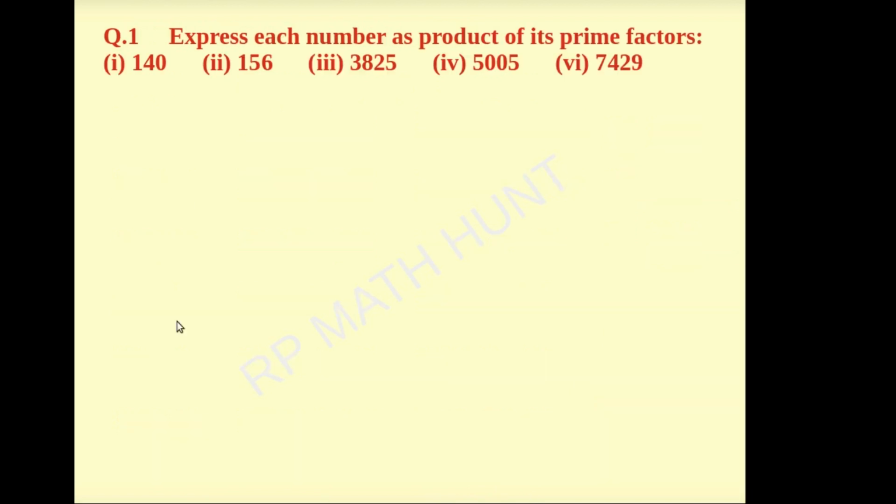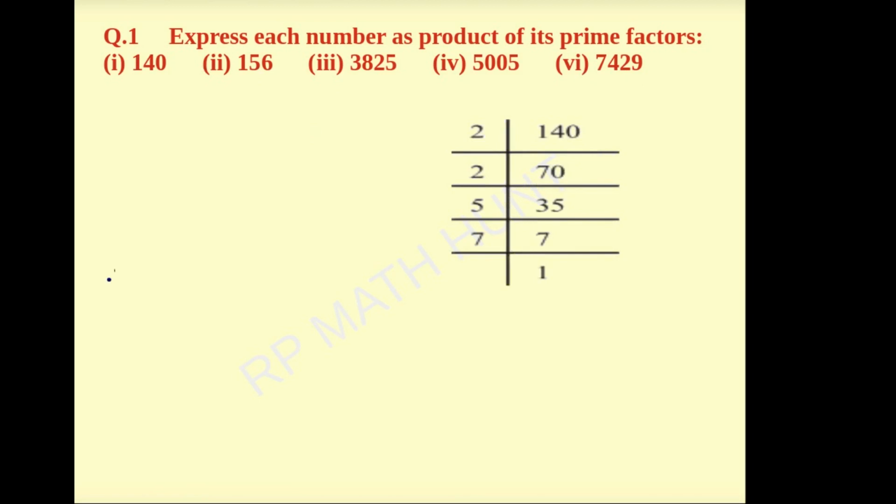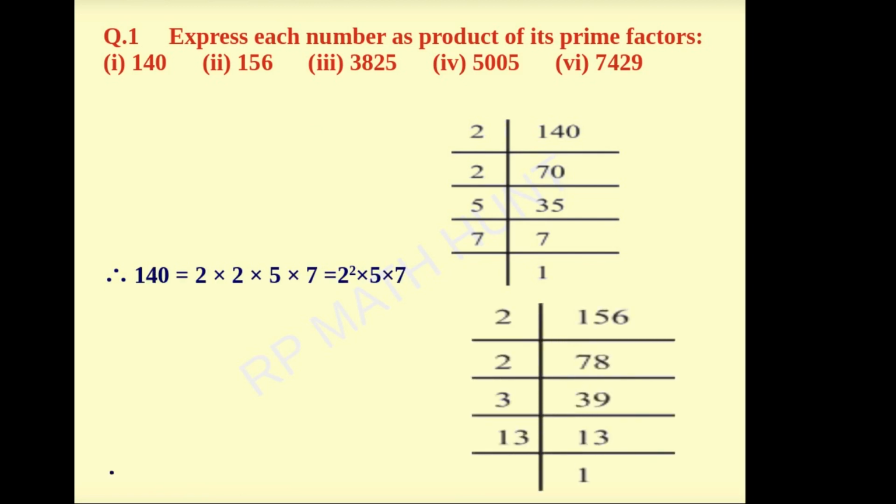Express each number as the product of its prime factors. See my dear children, observe carefully on the screen. It is very easy for you to understand. Now 140. Factors of 140 are 2 into 2 into 5 into 7, that is 2 square into 5 into 7. Again 156, 2 into 2 into 3 into 13, that is 2 square into 3 into 13.